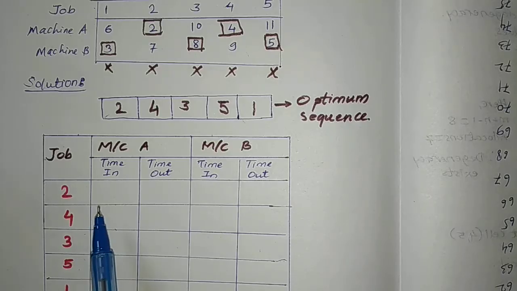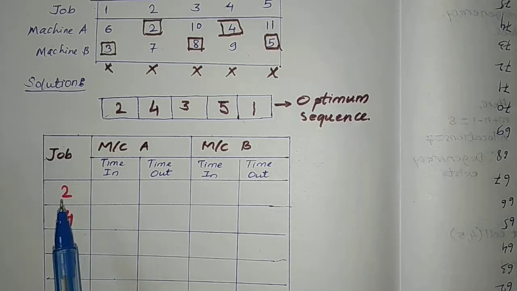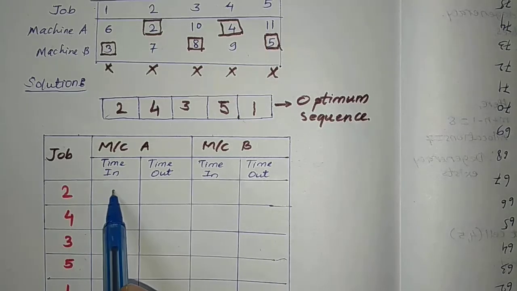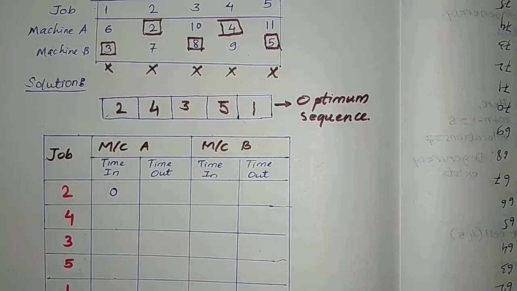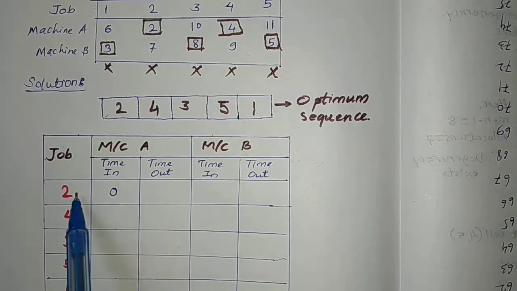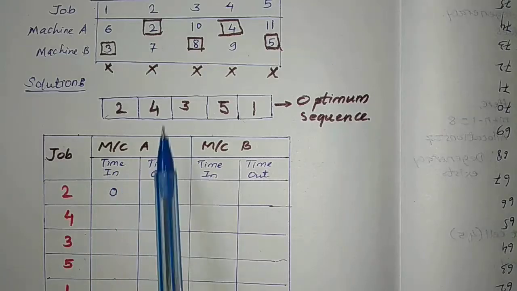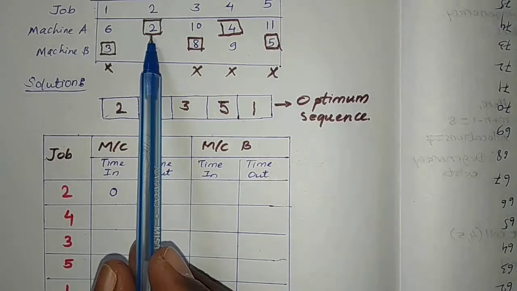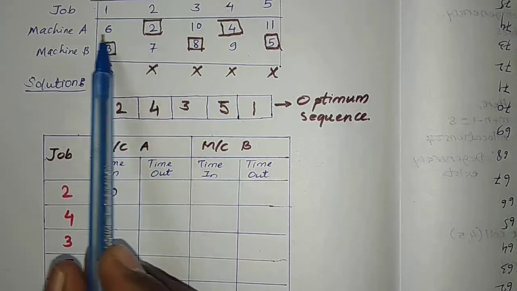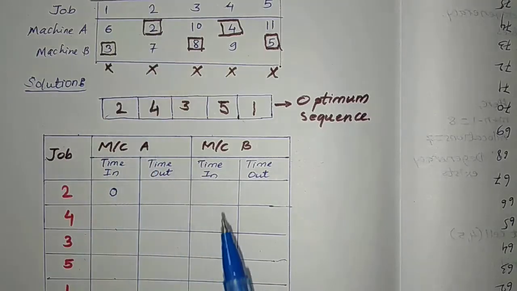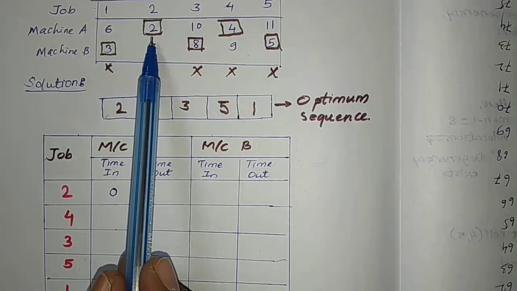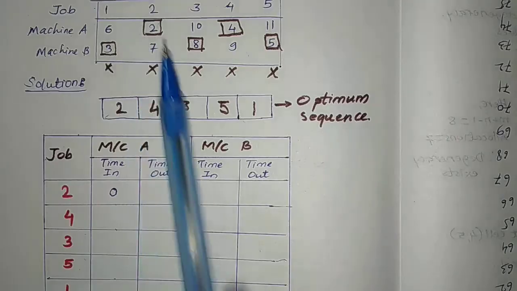Now let us find out the in time and out time. Now let us say the first job will arrive at 0 time. This is the reference time. Now it will get processed on machine A after how many hours? After 2 hours, that is, job 2 will get processed on machine A after 2 hours.